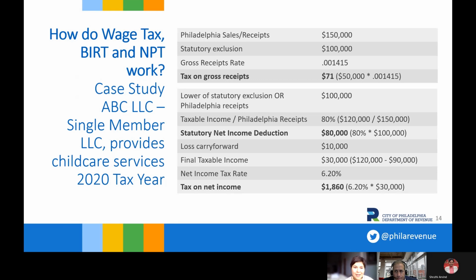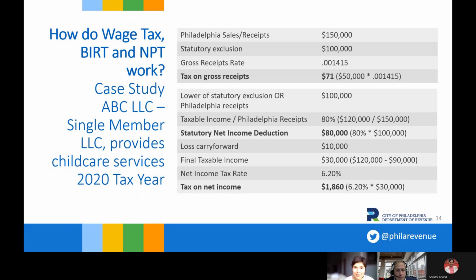Before we get to the next slide, just to recap: in this example, a business had $150,000 in sales, but $30,000 of that was expenses. They actually had $120,000 in income, or profit.